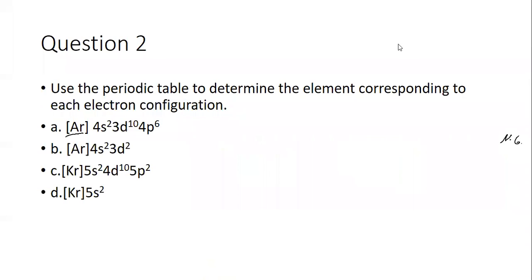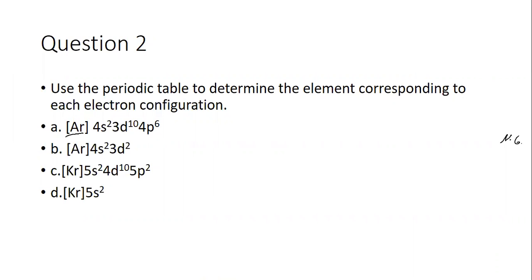If your element comes after a noble gas, you can just put the noble gas in brackets. And what that is saying is that my element has the electron configuration of this noble gas plus all this other stuff after it.